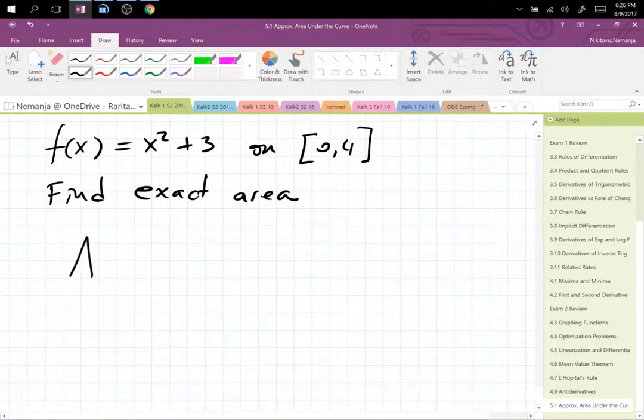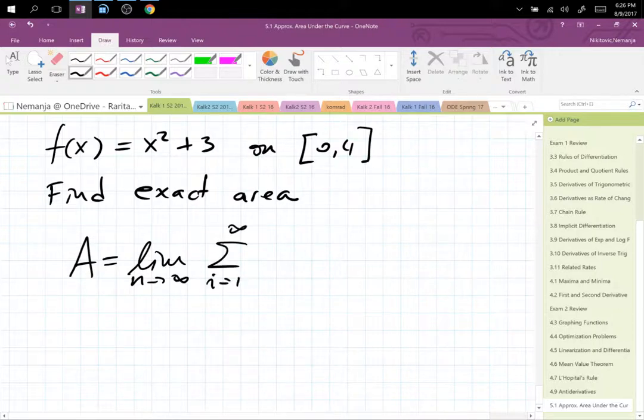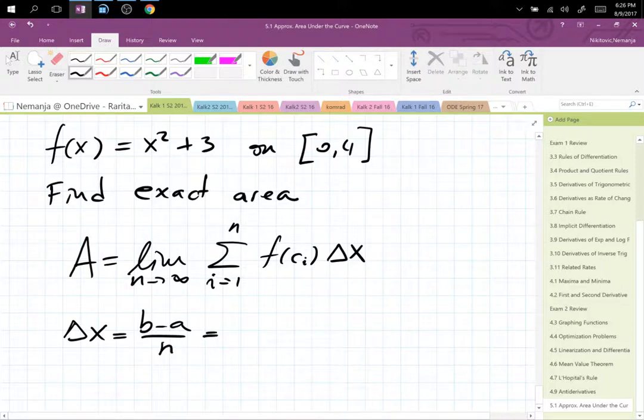We are supposed to compute the limit as n goes to infinity of the summation, i goes from 1 to n, of f of xi times delta x. All right. Well, delta x is easy to compute. We know the formula for that. That's b minus a over n. So we have 4 minus 0 over n. It's 4 over n. All right, we got that part.